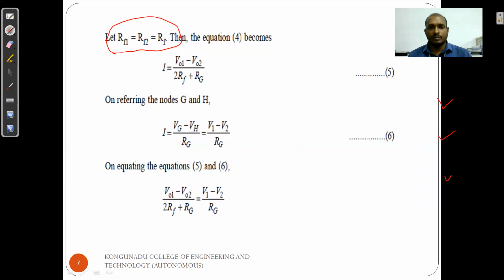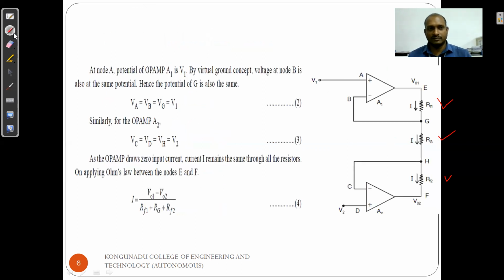So equation number 4 is modified as I equal to (V01 minus V02) divided by (2Rf plus Rg), since Rf1 plus Rf2 is equal to 2Rf. Now referring to nodes G and H from the previous diagram, we write the current equation from these nodes. I is equal to (Vg minus Vh) divided by Rg. So the current passing through the resistance Rg is equal to (Vg minus Vh) divided by Rg.